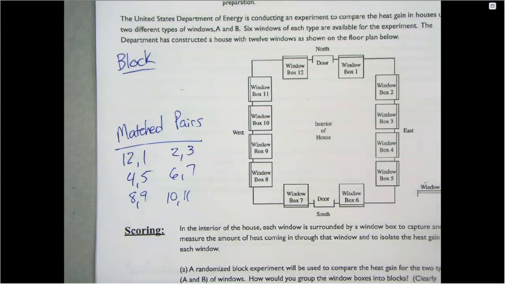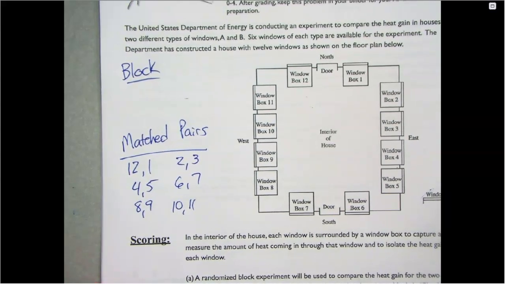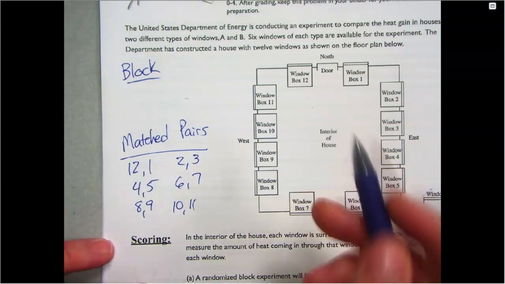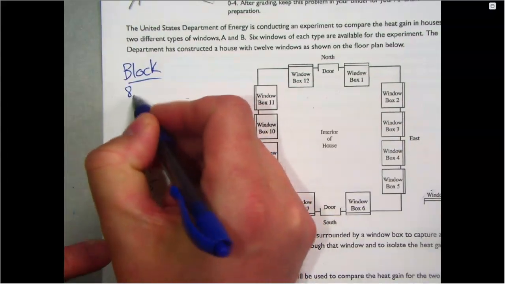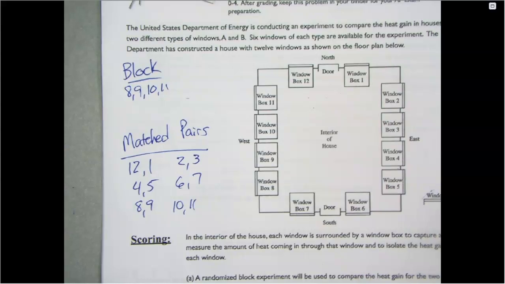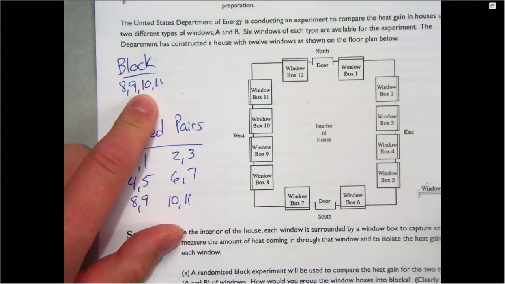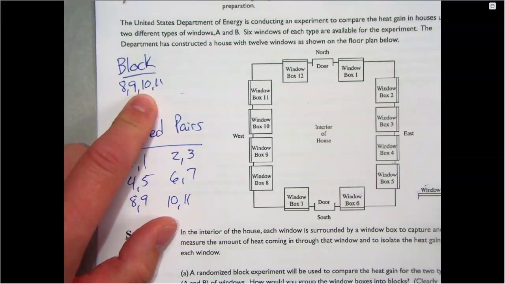Block is the same idea. It's just not pairs. And sometimes it ends up being pairs. But if I were going to block this, I would do 8 through 11 in one block. Flip a coin, put them in a hat, mix them up, whatever. 2 of them are going to get window type A, and 2 of them are going to get window type B. And because they're all facing kind of the same direction, if A is better, I know that's why it was better.